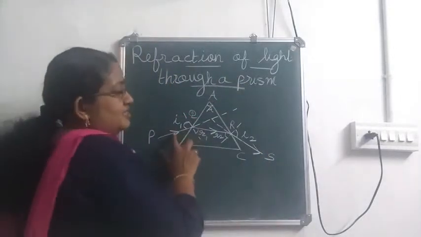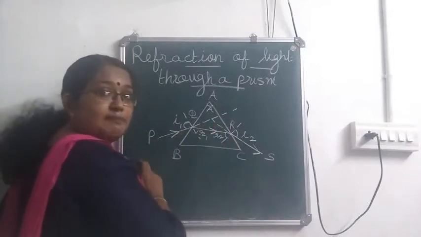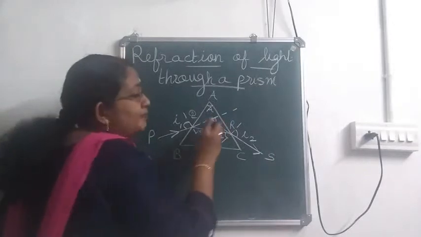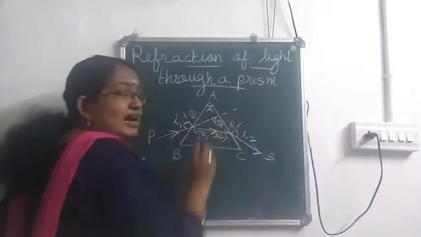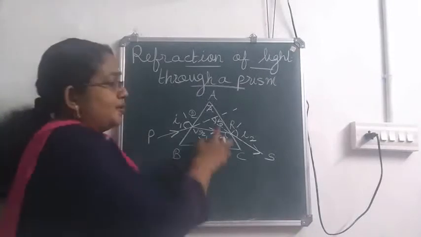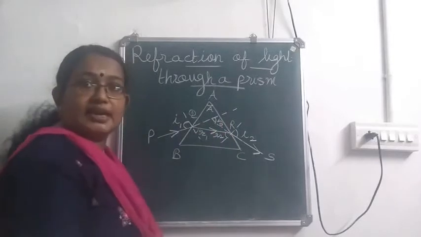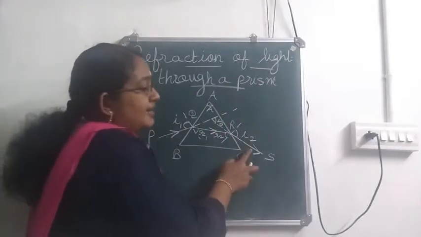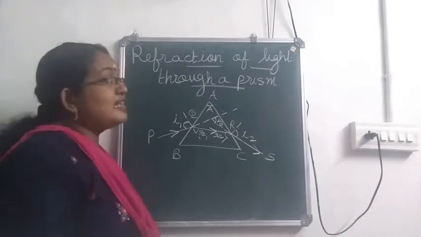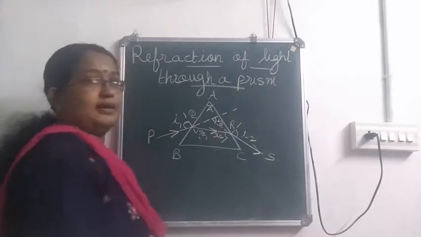So, I extended the incident ray in the forward direction and emergent ray in the backward direction, and I get an angle here, and this is delta, which is known as angle of deviation. The angle formed by extending the incident ray in the forward direction and the emergent ray in the backward direction is known as angle of deviation delta.